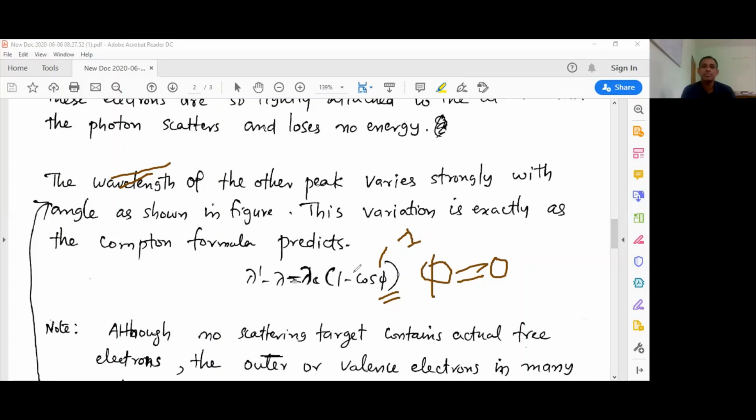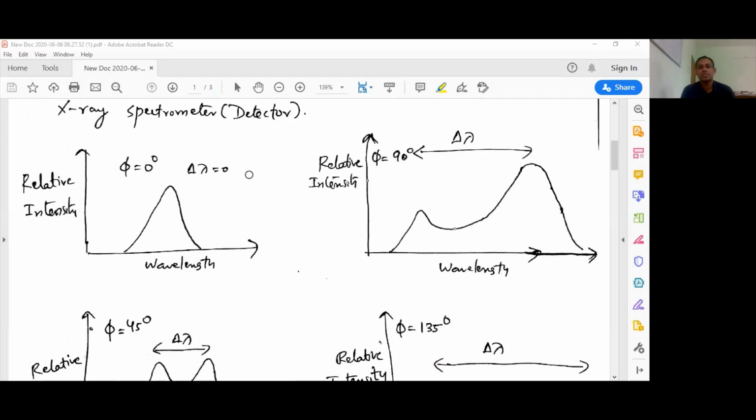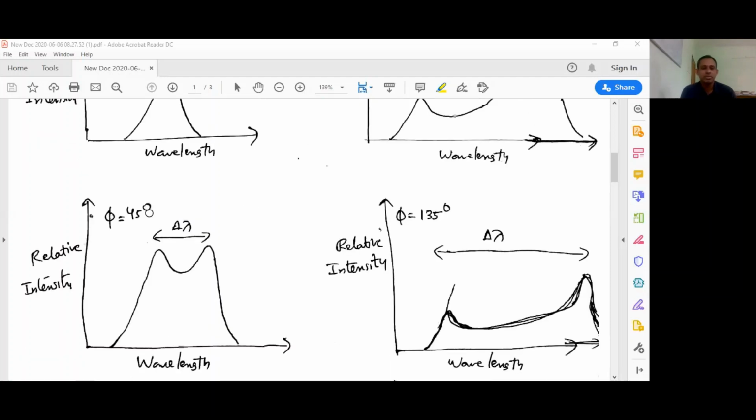So there will be no shift in wavelength, delta lambda is equal to 0, and that is experimentally observed.